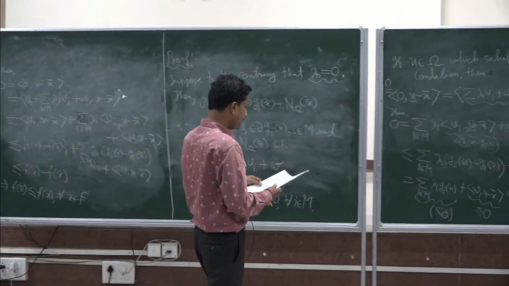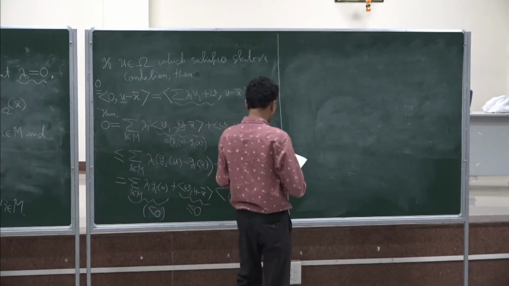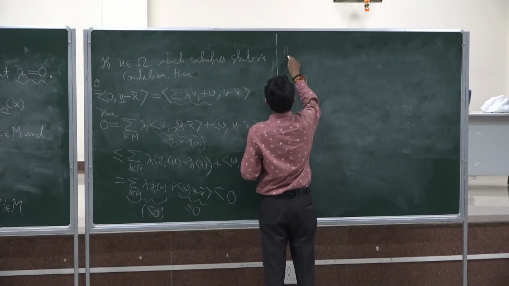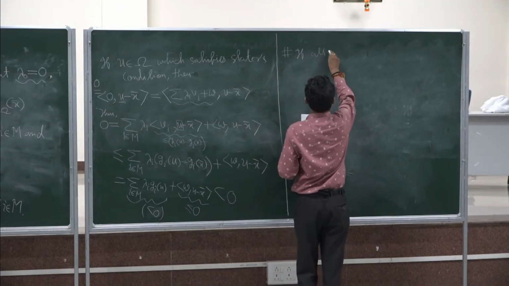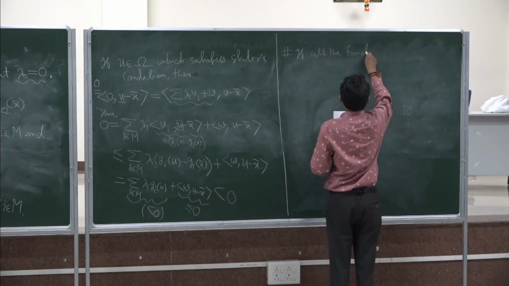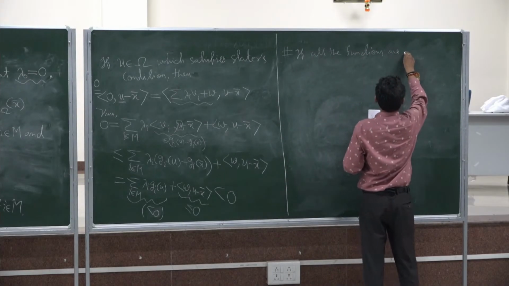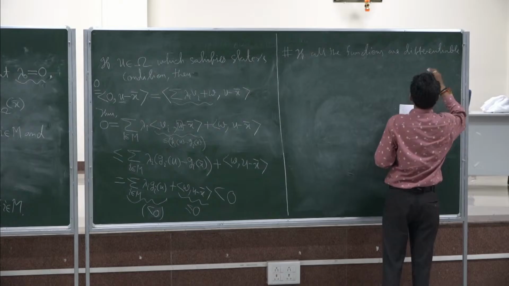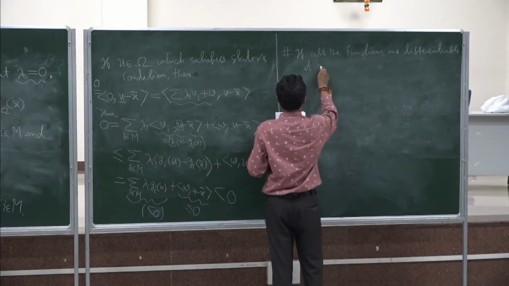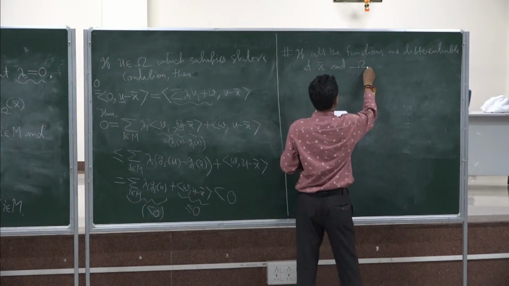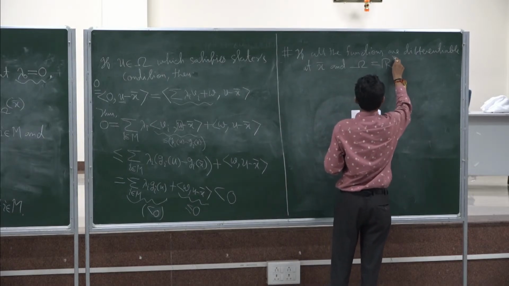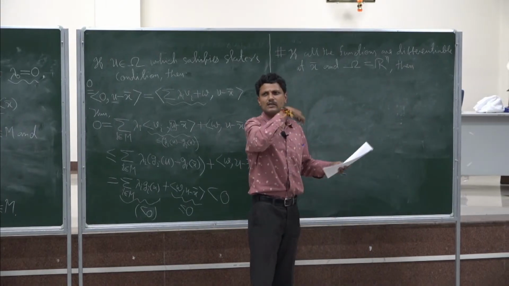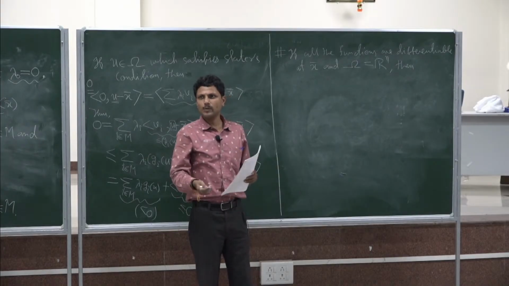So for the differentiable case, we are going to have this Fritz John type condition. So if all the functions are differentiable at x bar, and we assume that this omega is equal to Rn, then x bar, in the sense of the previous result, satisfies the Fritz John type condition.